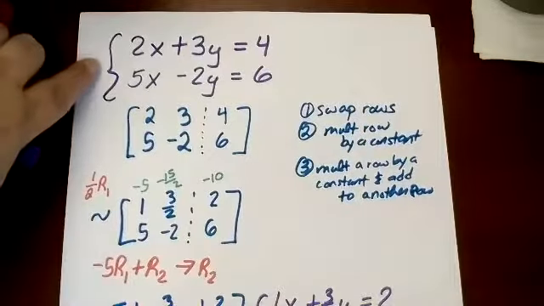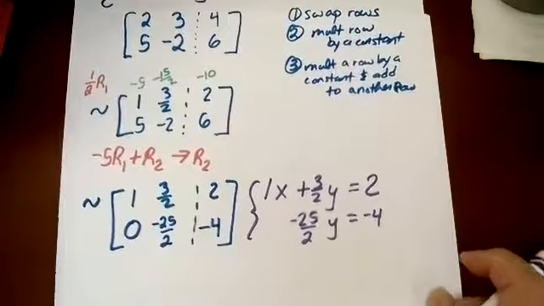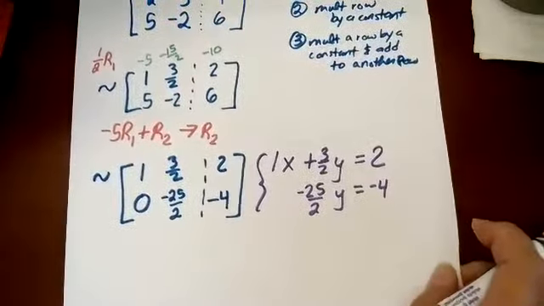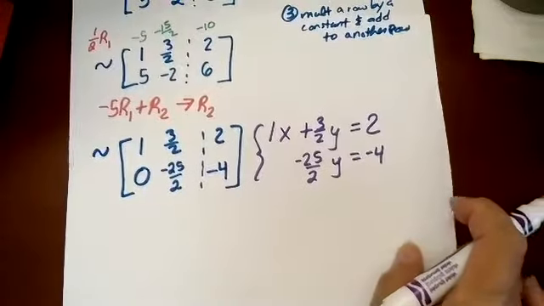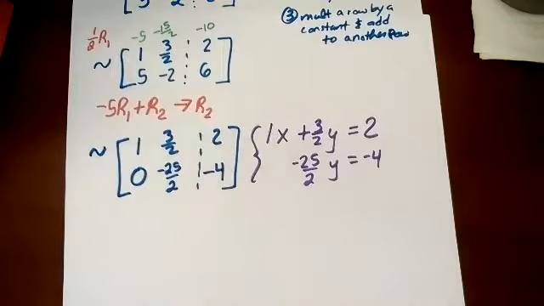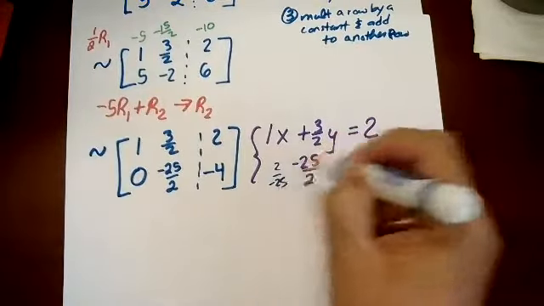So notice this is not the same system we originally had, but it's equivalent in the sense that the two systems have the same solution point, the same xy point. I can easily solve this one now for the y. All I have to do is multiply both sides by the reciprocal.